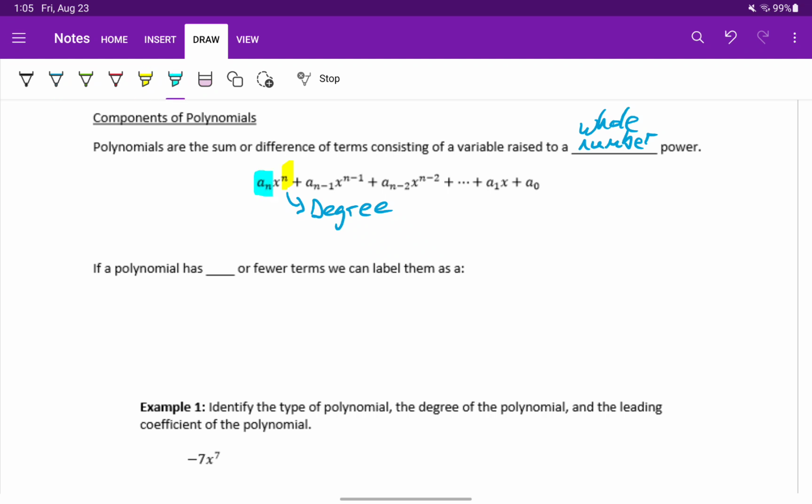The coefficient in front of that variable being raised to the highest power is the leading coefficient. And that term taken as a whole, the coefficient and the variable component, is referred to as the leading term.